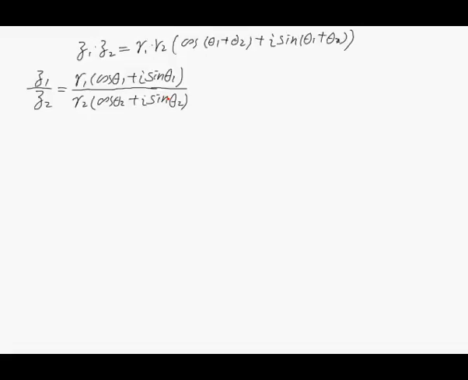We know when we divide two complex numbers, we need to multiply both the numerator and denominator by the conjugate of the denominator. So now let's multiply the conjugate of this denominator. We have cosine theta 2 minus i times sine theta 2, and then here we also have cosine theta 2 minus i times sine theta 2.